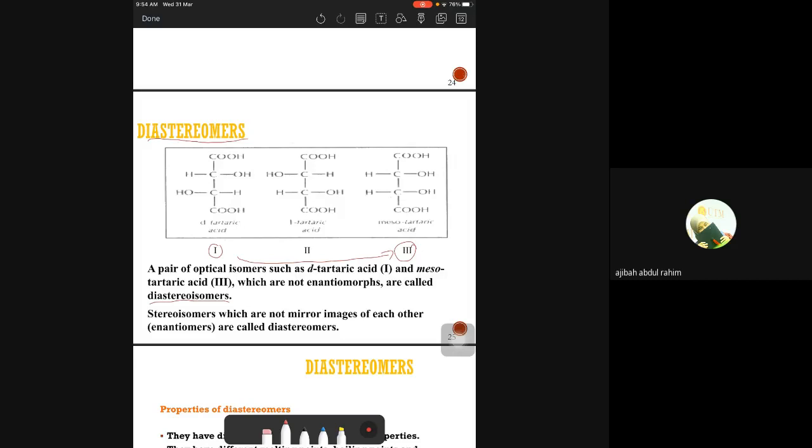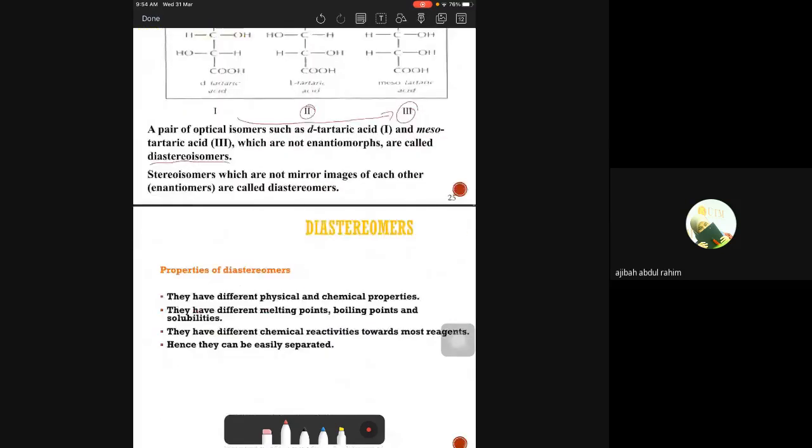This is also true when you compare compound 2 and 3, because compounds 1 and 2 are already enantiomers. But between 1, 2, and 3, this would be called diastereomers.